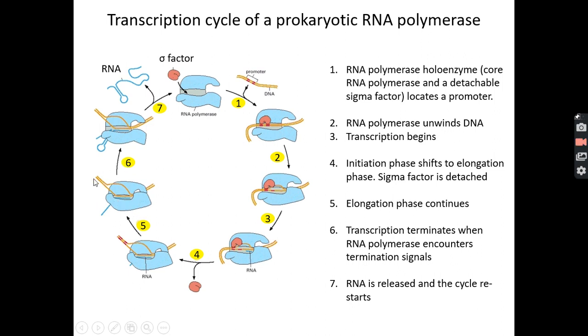So the chain continues to grow until it forms a hairpin, which signalizes termination. Then our RNA will be released and our core enzyme too will be released from our DNA. So that is how transcription is done in prokaryotic cells. Thank you for watching.